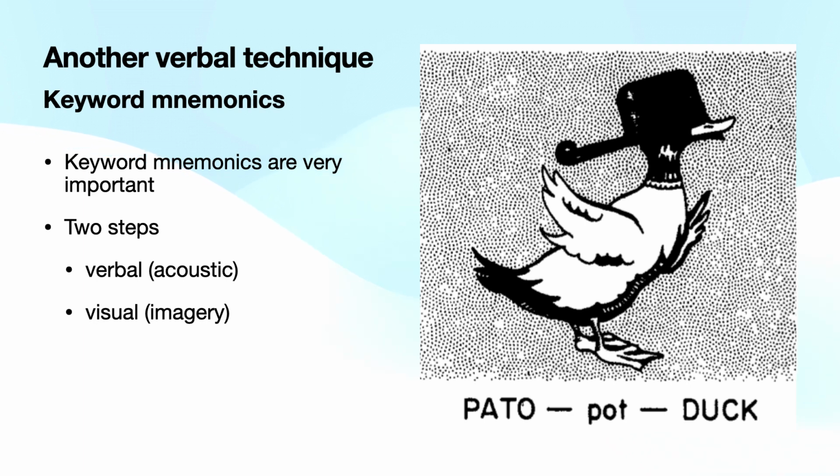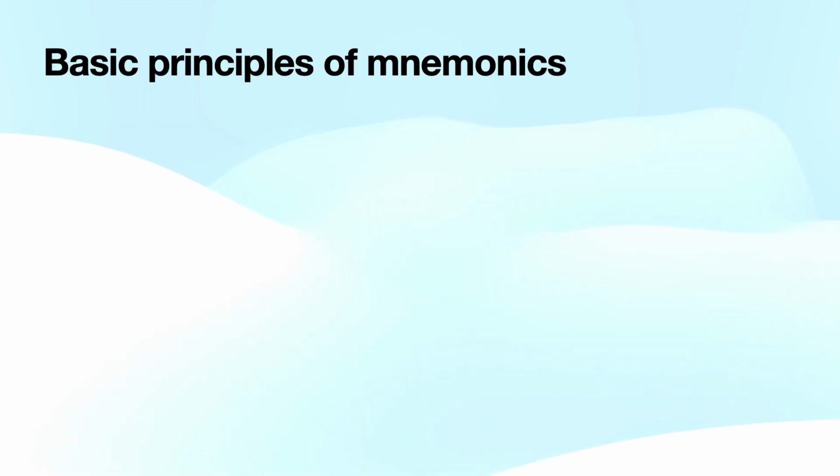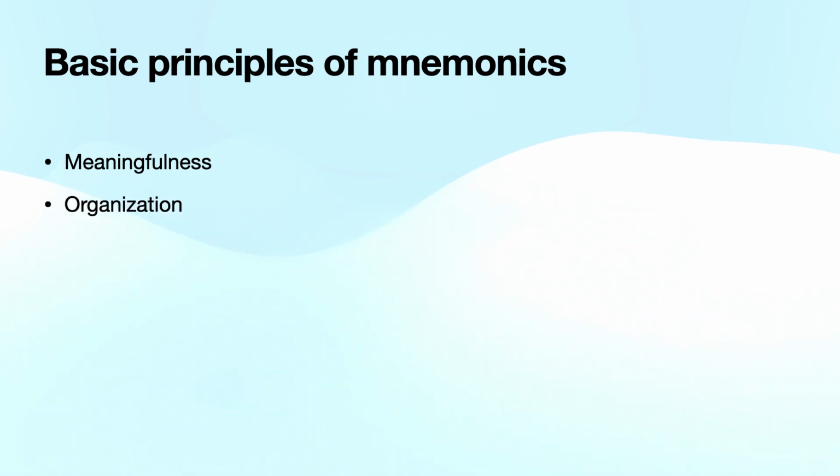Let's see if we can't generalize what we're seeing here with these various mnemonics. The first basic principle, one which we've already mentioned before, is the added meaningfulness given to the material by the mnemonic. This is also probably the most important of these 5 principles we're about to list. Another basic principle we've already mentioned is the organization imposed on the material by the mnemonic.